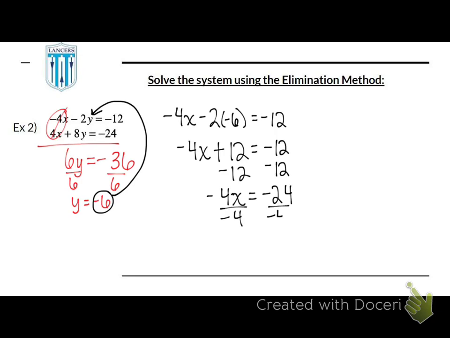What do we end up with for x? Close. Dominic? 6. Our answer is an ordered pair. Good. x comma y, 6 comma negative 6.